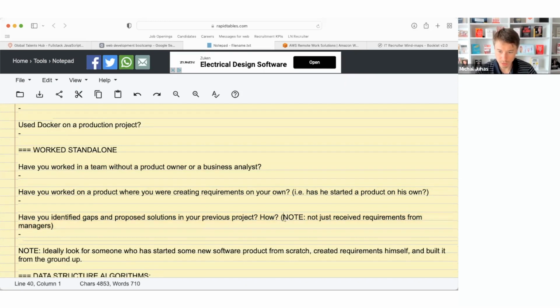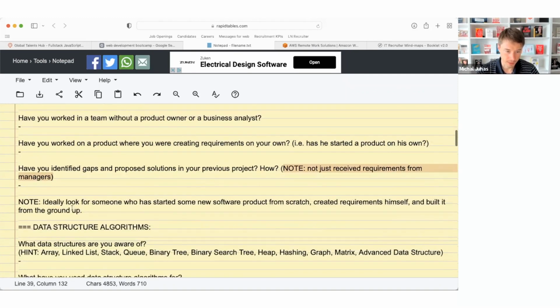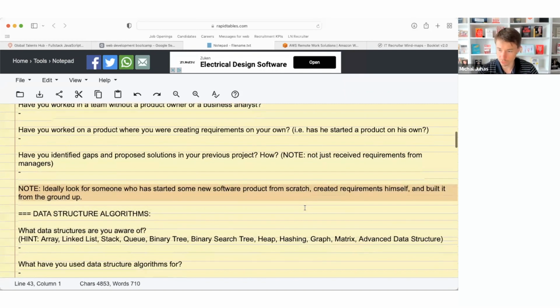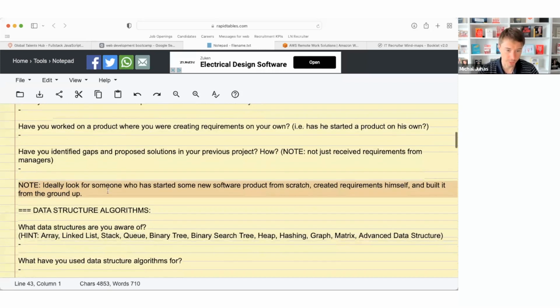And we specifically want candidates who have not just received requirements from managers, but were supposed to think on their own. And I wrote for our colleagues, ideally look for someone who has started some new software product from scratch, created requirements himself or herself, and built it from the ground up.